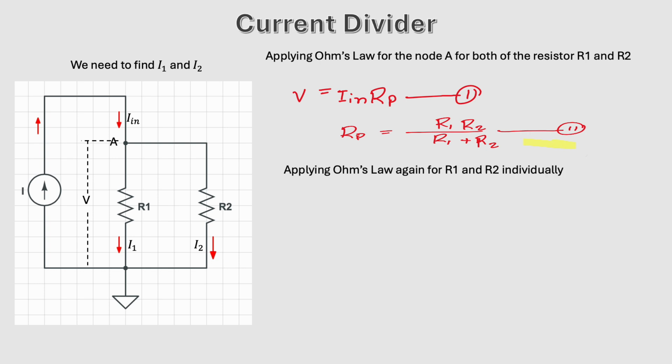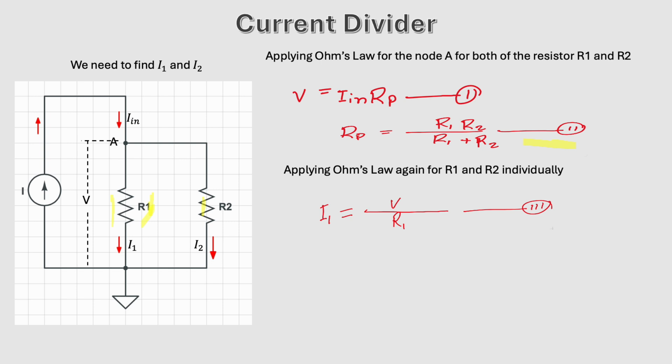And again we apply Ohm's law for resistors R1 and R2 individually. We can write I1 is equal to V divided by R1, because the voltage across this resistor is V and the resistance is R1.